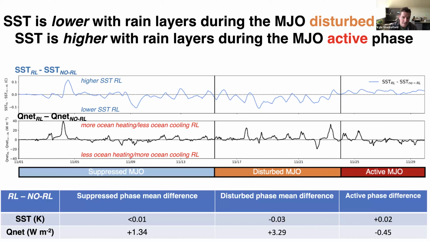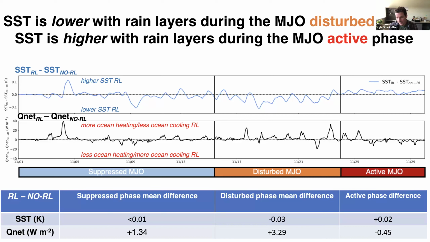And shifting now to look at the net surface heat flux, again, outside of the imprint of one individual event early on in the simulation, there's not really a coherent signal of net surface heat flux difference between the two simulations. But if we look at the MJO disturbed phase, we can see, and you can also see in this table below, that there is more ocean heating and less ocean cooling occurring within the rain layer simulation when compared to the no rain layer simulation.